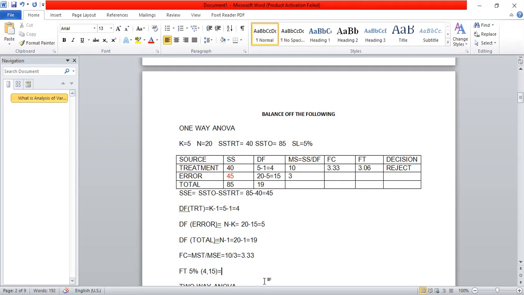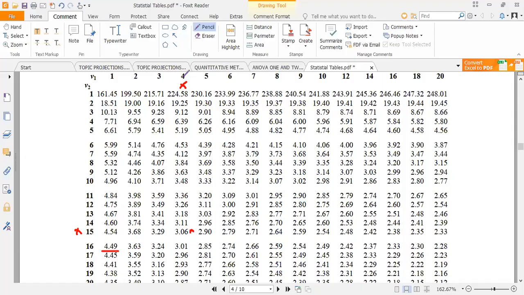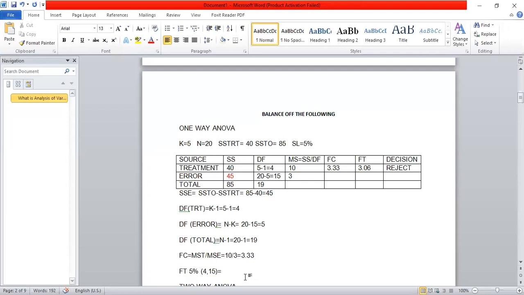So we went here, 4 and 15 where they meet. This comes from the error. This comes from the what? The treatment of the blocks. So it met at 3.06. So that is how we found our 3.06.